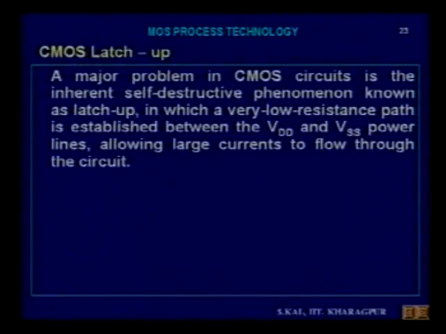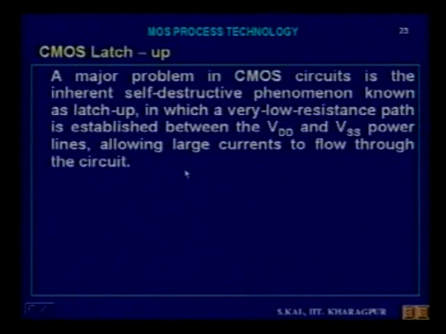What is this latch-up effect? A major problem in CMOS circuits is the inherent self-destructive phenomena known as latch-up, in which a very low resistance path is established between the VDD and VSS power lines, allowing large currents to flow through the circuit.